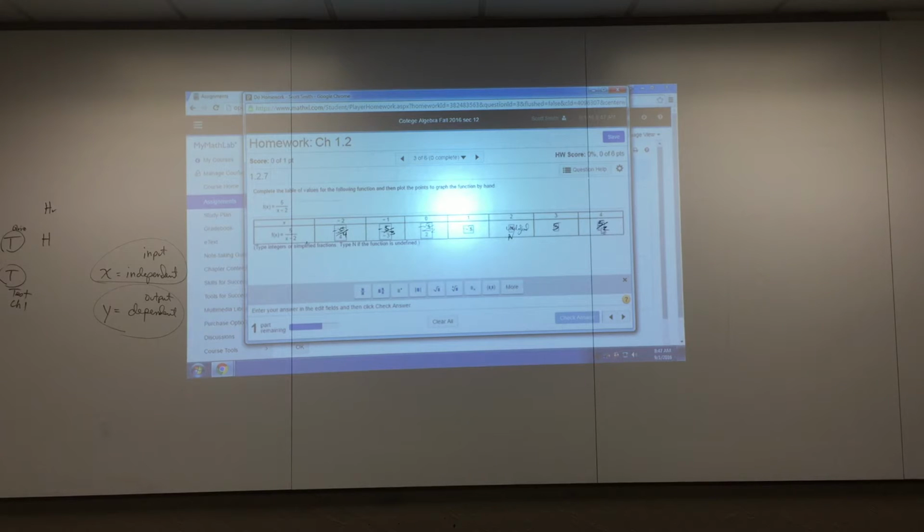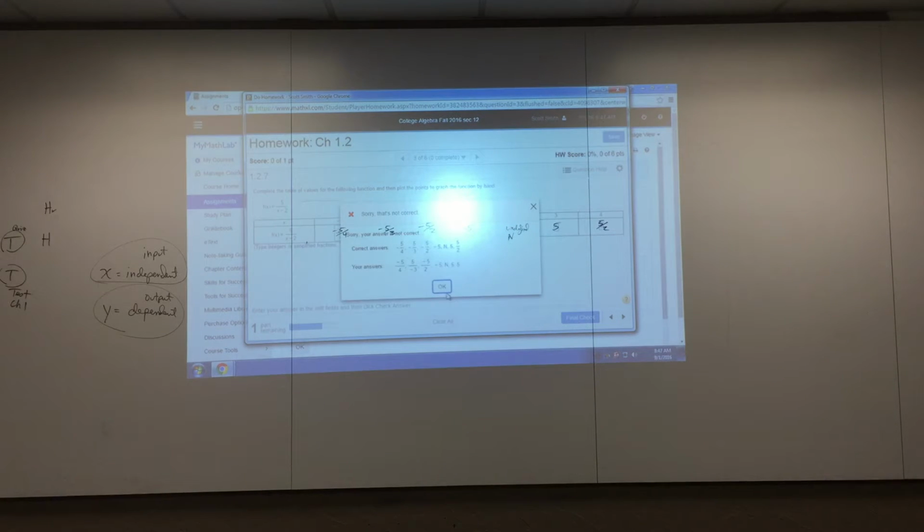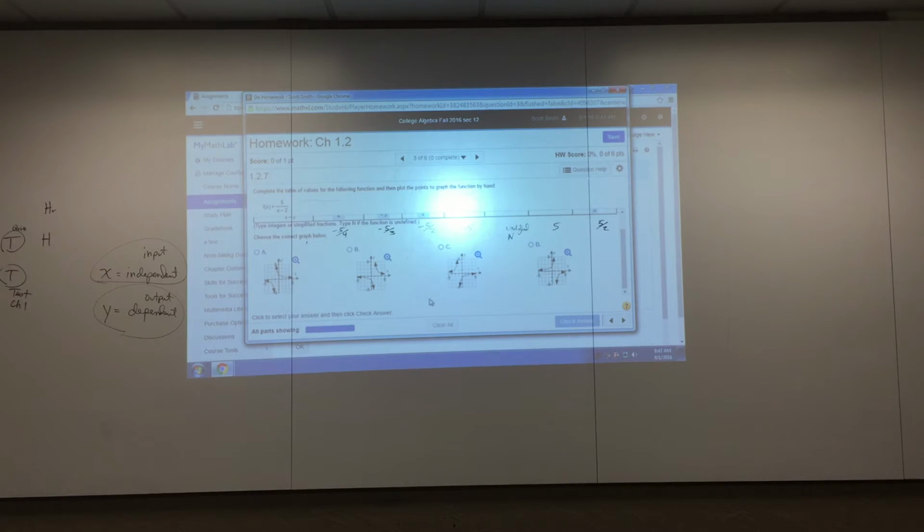I was trying to get to the second part of this question. I thought there was a second part. Maybe, let me see. Okay, so I got the last one wrong. That's okay. You need to check it 3 times. Really? I get to check it 3 times. Then they help teach me the answer. That's nice of them. And then, oh, I get to pick a graph. Wow. I wonder which graph that is.